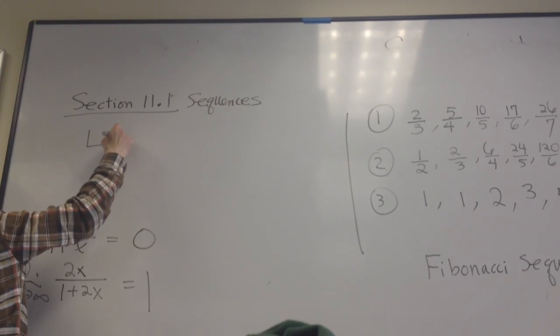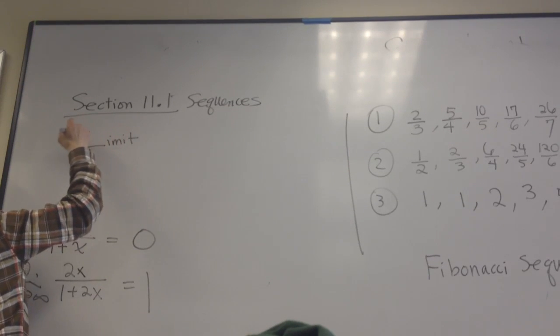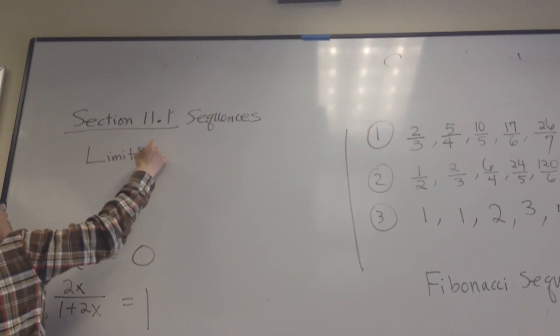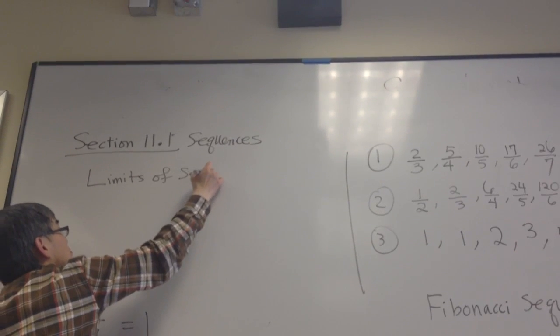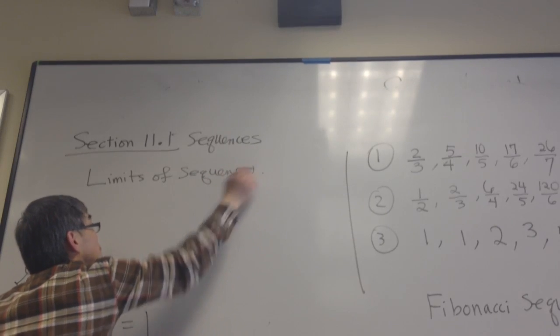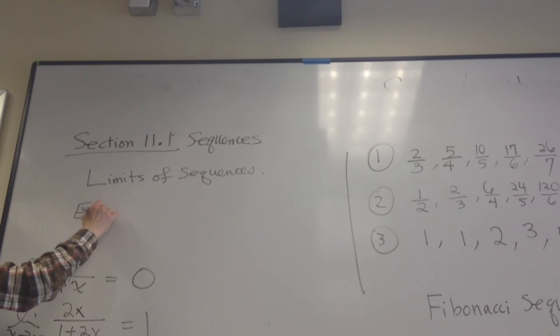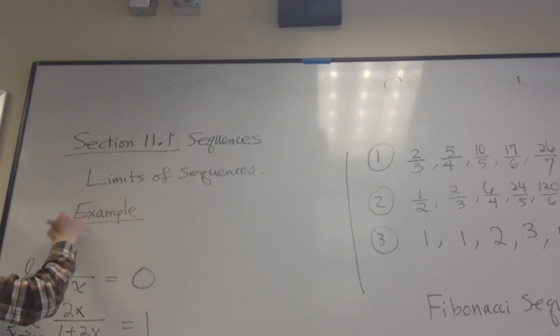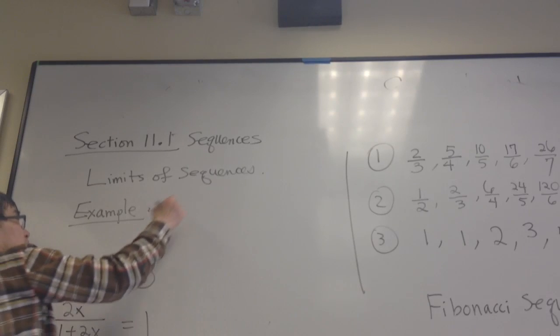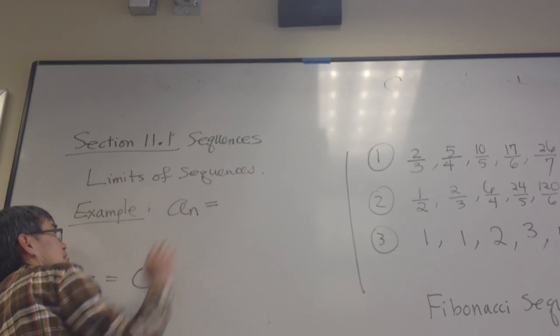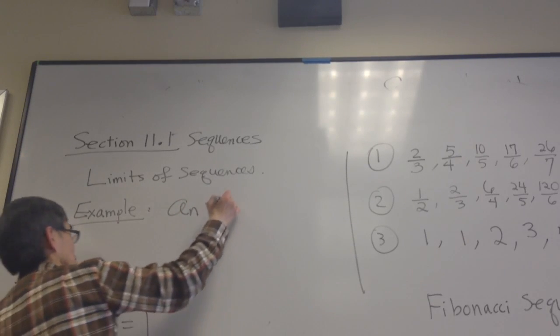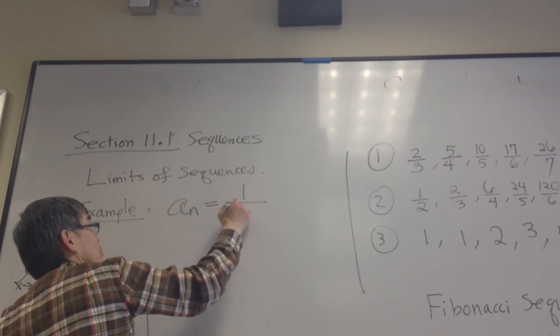Limits of sequences. Let's open an example. Let's say a_n is equal to 1 over 1 plus n.